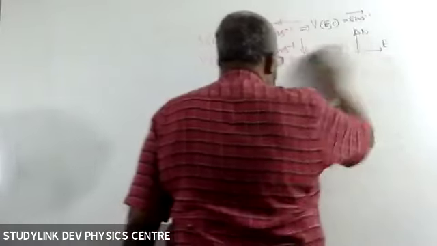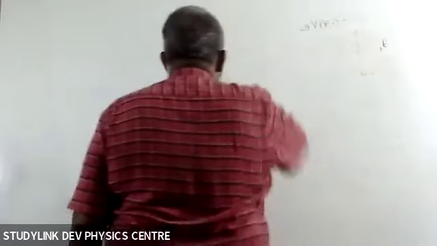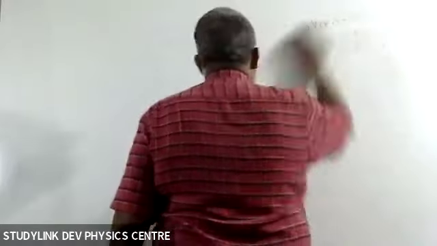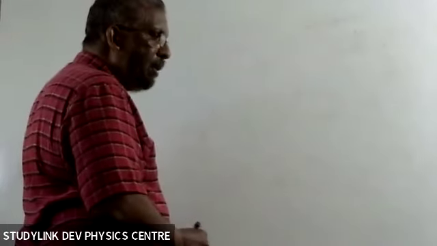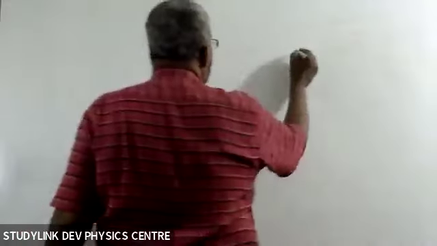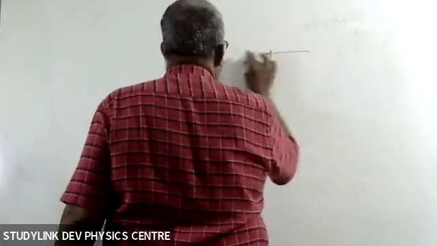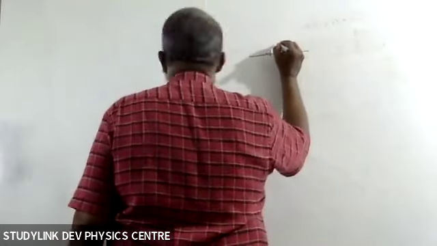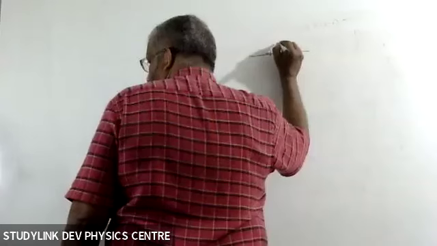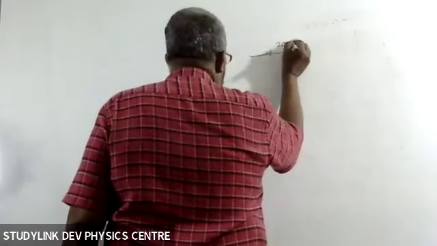I'll do another question, another example. An aeroplane is flying towards west with a velocity of 20 ms minus 1.